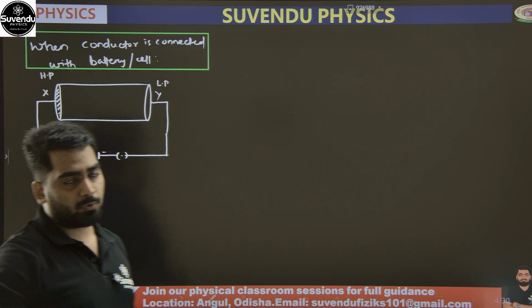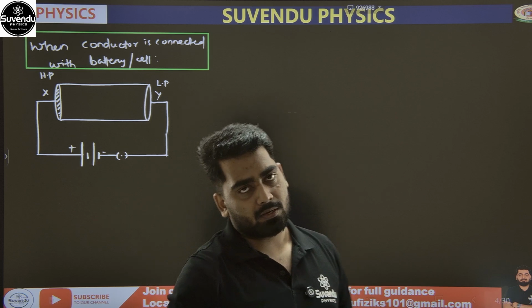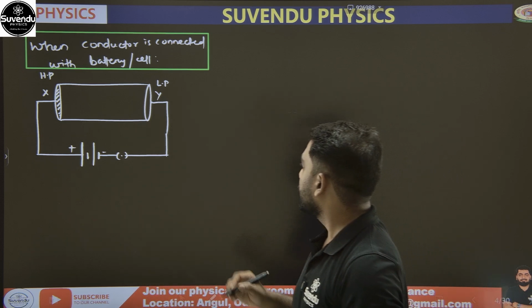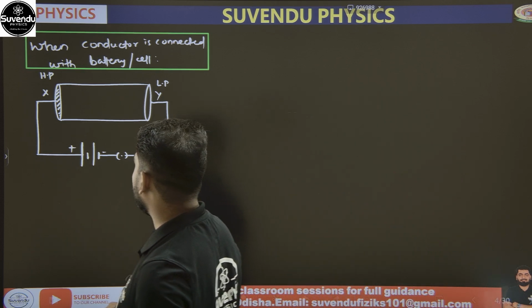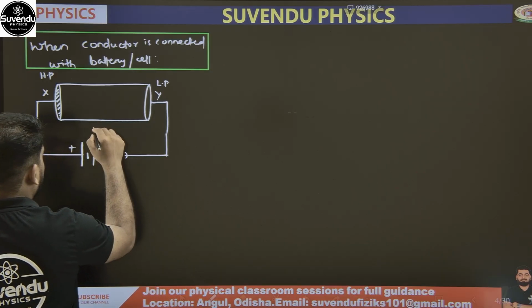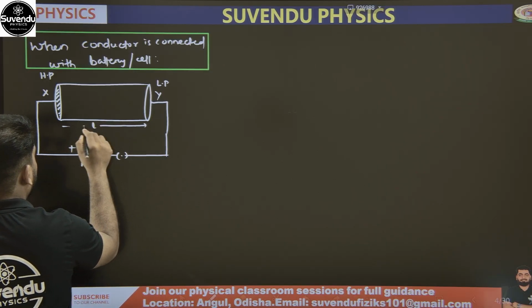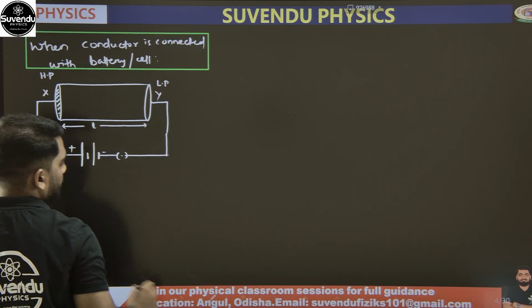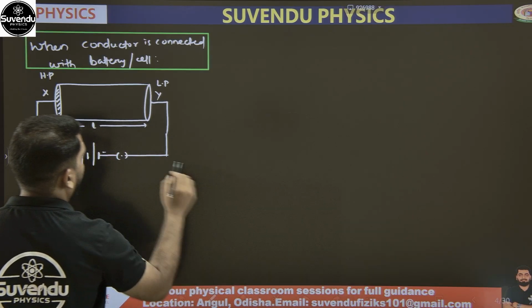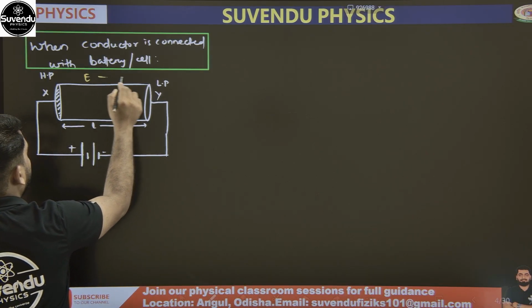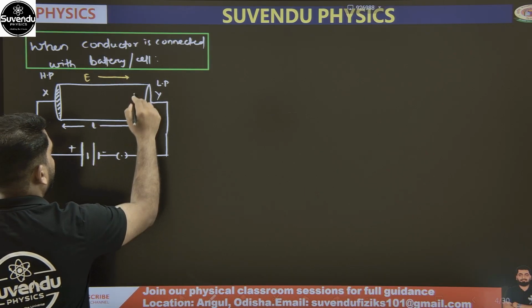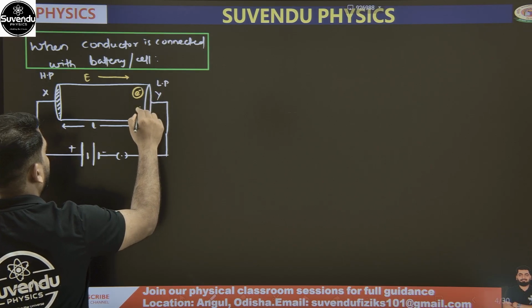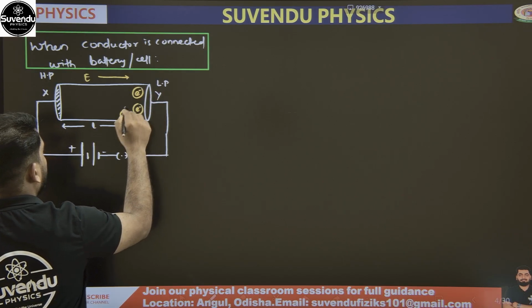So a constant potential difference is maintained across the two ends of a conductor when the conductor is connected with battery or cell. And let L is the length of the conductor. And in that case, an electric field is established from higher potential to lower potential. And because of this reason, this electric field exerts force upon this electron.